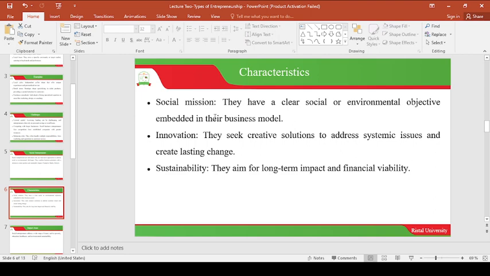The next one is innovation. They seek creative solutions to address systemic issues and create long lasting change. How is Rift University innovative? Those who joined us from the beginning up to now can testify how innovative the university has been. I can give you a practical example of the university app which we have just developed.